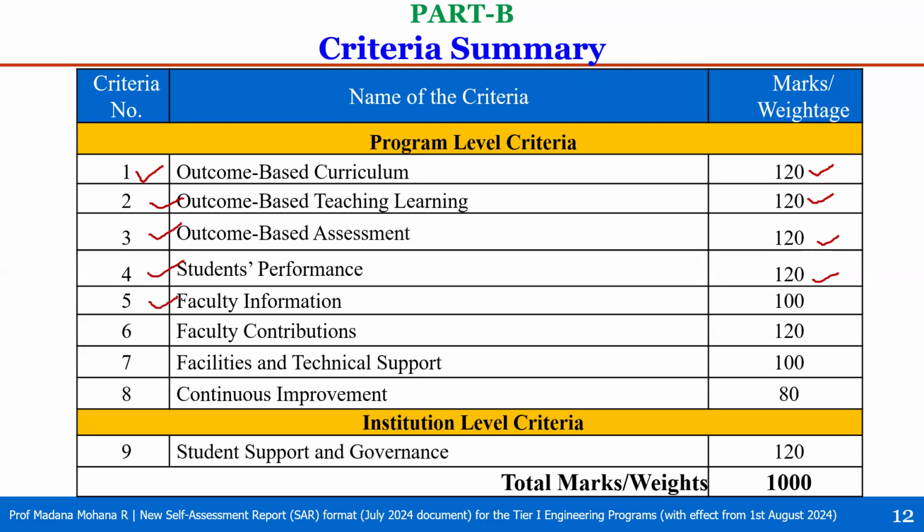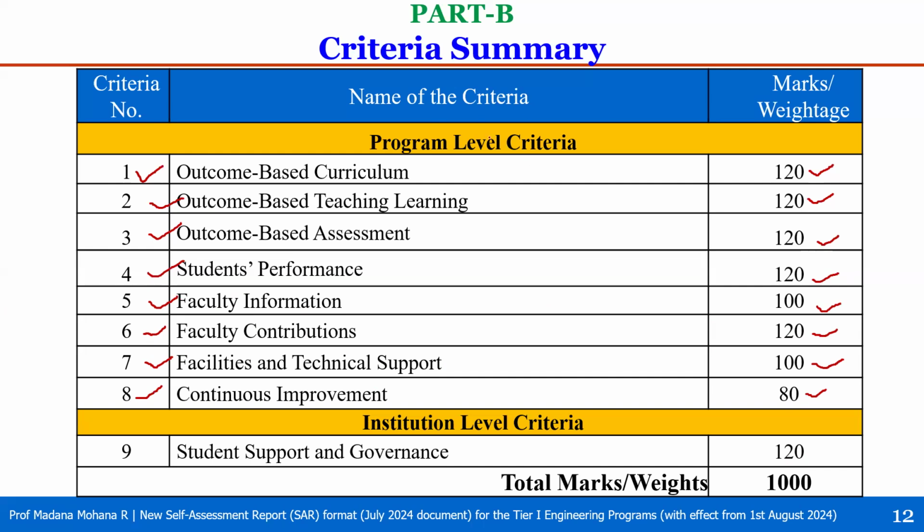Then criterion 5, faculty information. The marks are 100. Then criteria 6, faculty contributions. The marks are 120. Then criteria 7, facilities and technical support. The marks are 100. Then criterion 8, continuous improvement. The marks are 80.